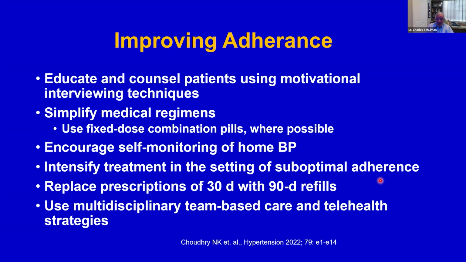Intensified treatment in the setting of suboptimal adherence. Use 90-day refills instead of 30-day refills. You utilize all of the parts of the team that are available to help in trying to reduce people's blood pressure.